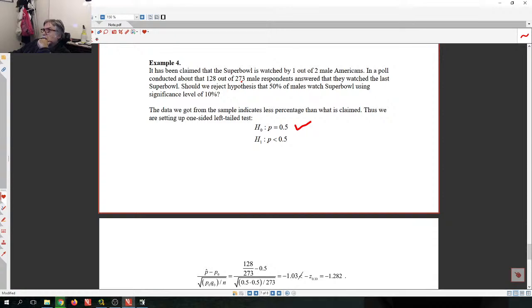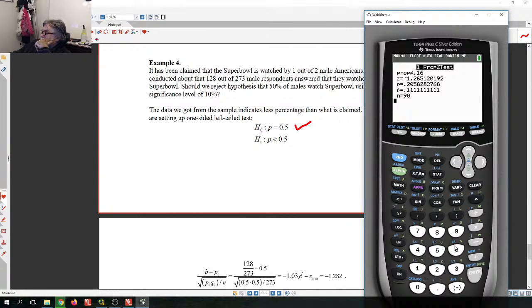128 out of 273 is less than 50%. Okay, you can divide and you'll find out what that is. 128 divided by 273 is 47%.